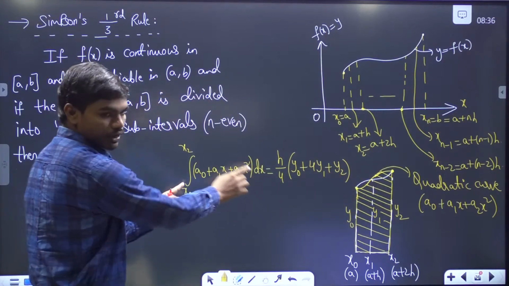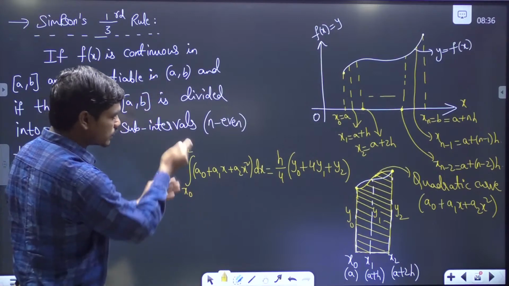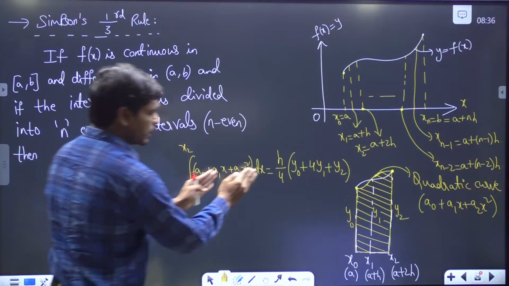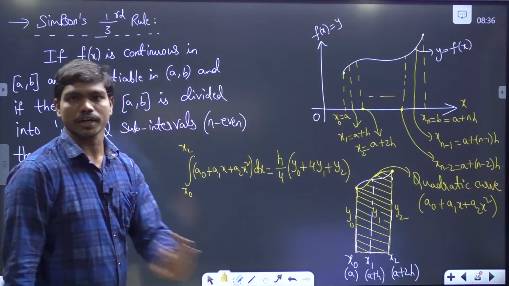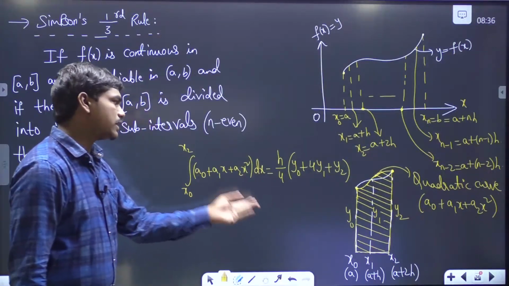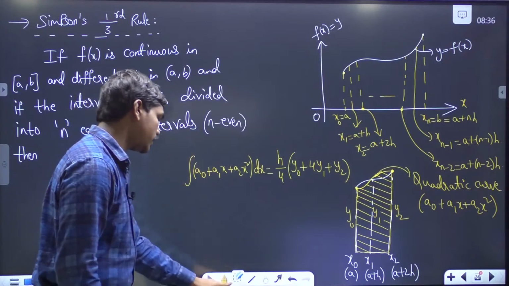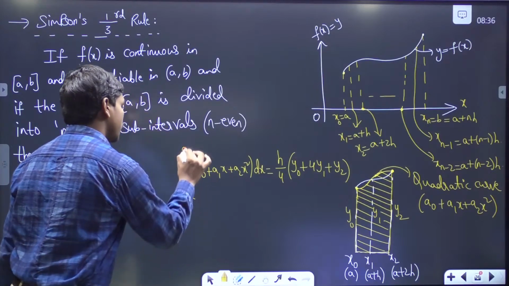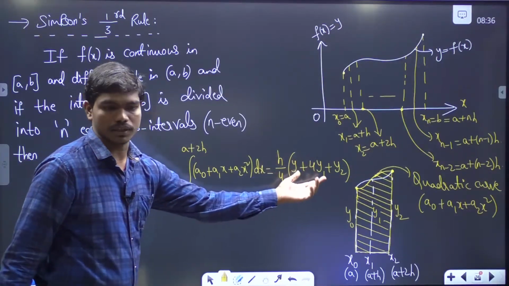If you calculate this area with the limits from a to a plus 2h, then this integration value will be the same as this value, which I'm not going through, but you can try if you want. If you have some time after the class, you can try, but right now I'm not trying it. So if you perform this integration from a to a plus 2h, you will be getting something like this.